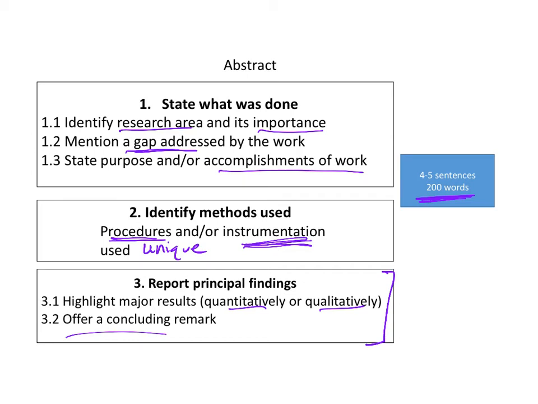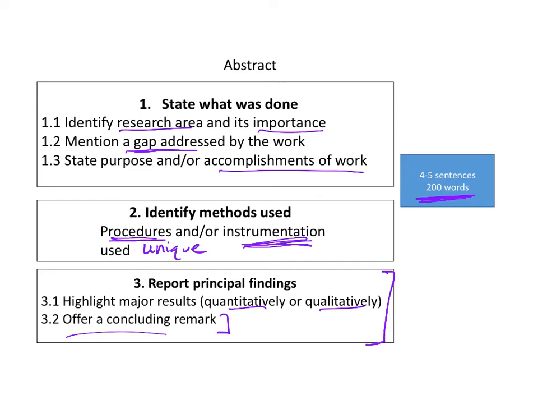This can be in different forms, basically to summarize the importance of the work or something like that. Typically, you don't talk about future work in the abstract, or any places where you need to do some other type of experiment. So if you don't figure out a concluding remark to put in the abstract, no big deal.